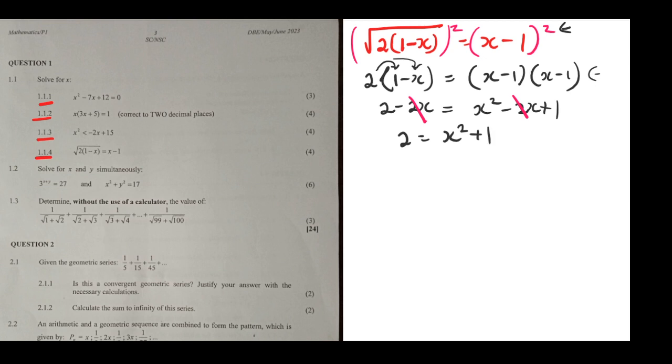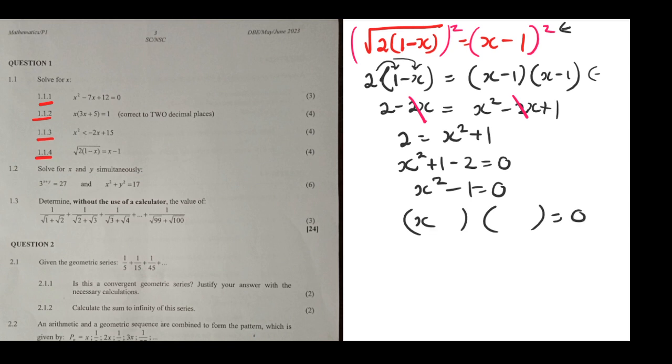You transpose the 2 to the other side, you have x squared plus 1 minus 2 equals 0. You have x squared minus 1 equals 0. Factorize this, you get 0 equals, so it's x and x, 1 and 1, plus and minus, right? Because this is a difference of two squares. So x equals -1 or x equals 1.